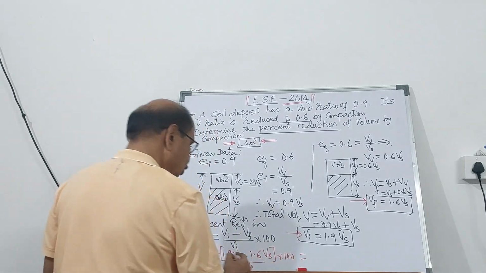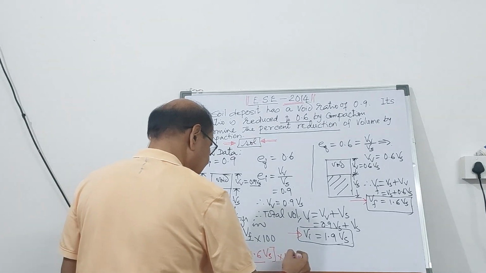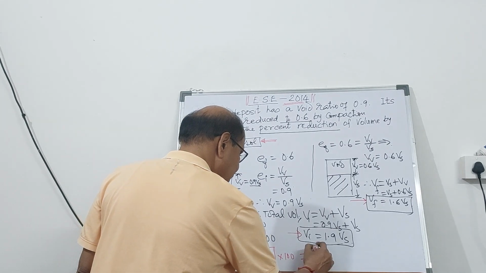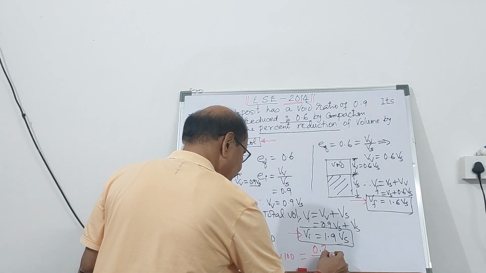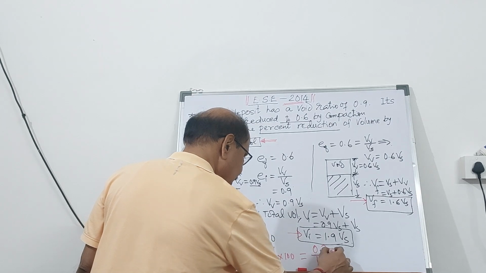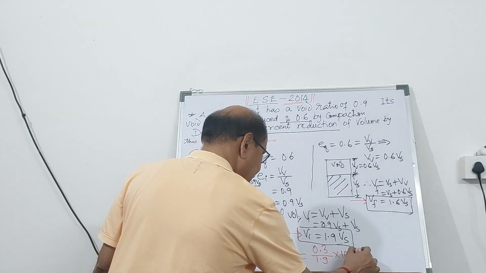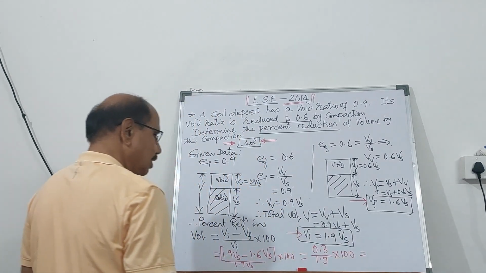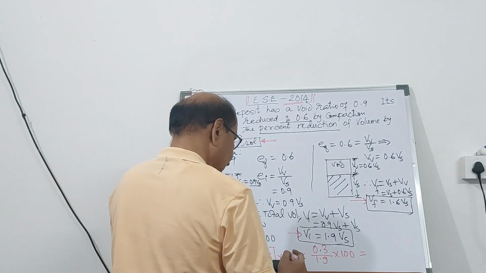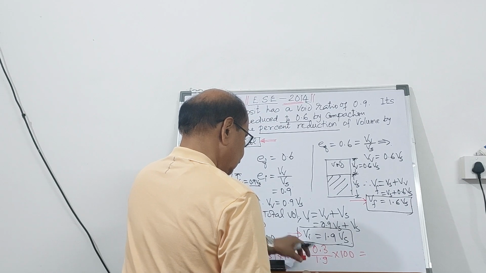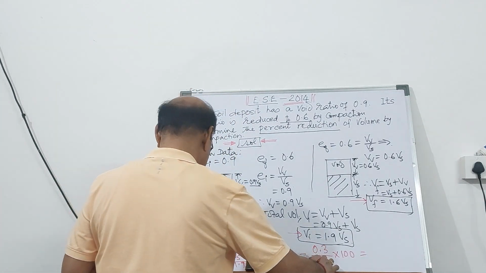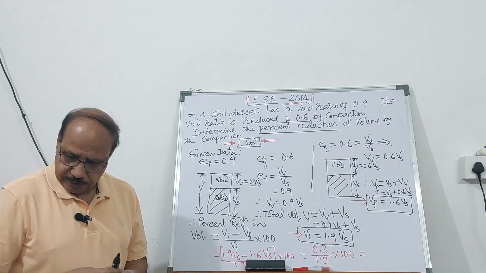So Vs gets cancelled. 1.9 minus 1.6 is 0.3, divided by 1.9, into 100. This is the percent reduction in volume. So 300 divided by 19, we can calculate it.